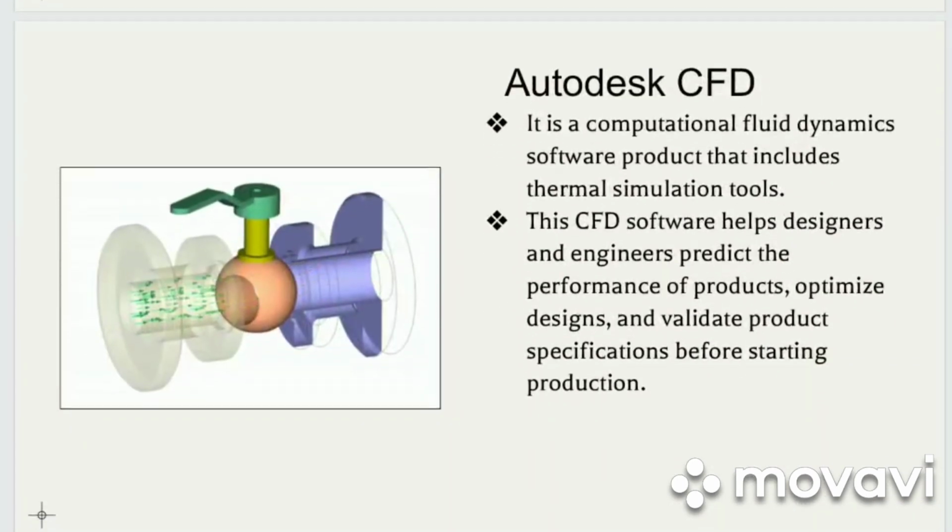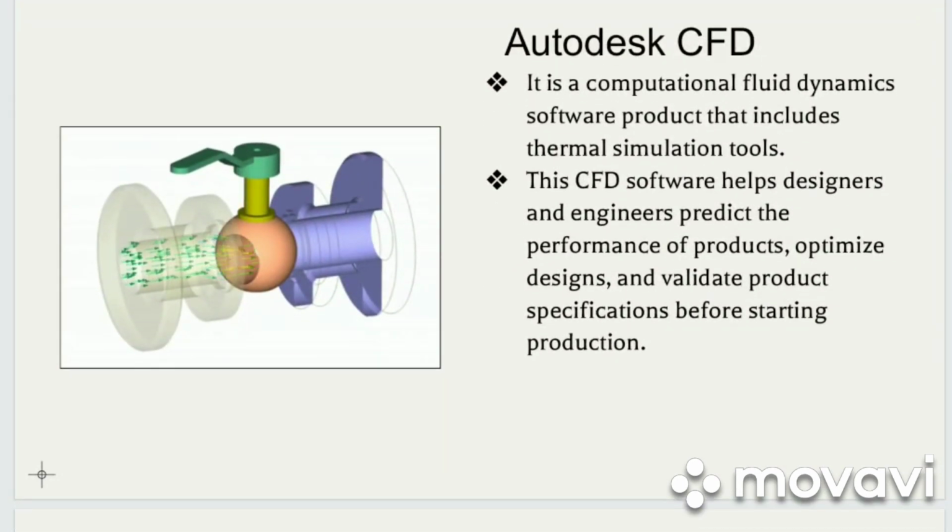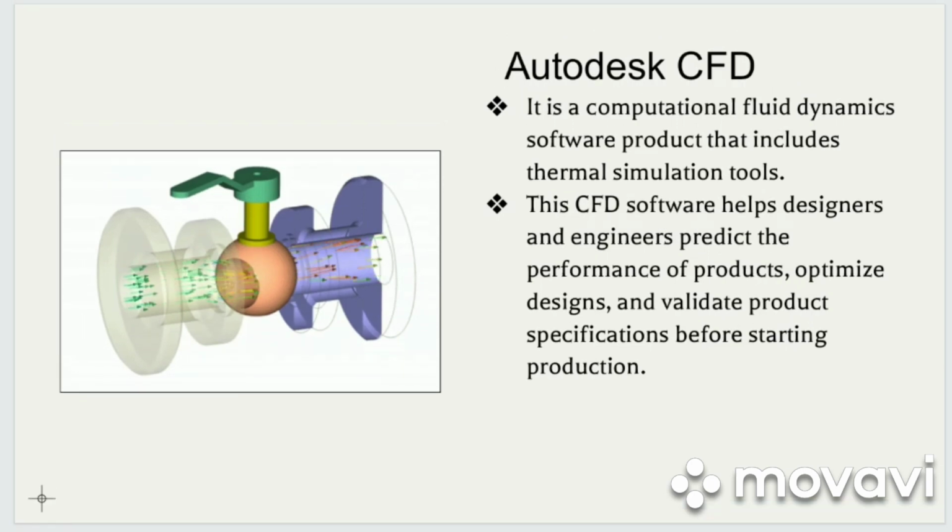Next we have Autodesk CFD. Again this software is basically about fluid dynamics, and here you can see an application where my flow is going through this wall and I have to see how it goes, how the particles change direction, whether there is turbulence, and if there is turbulence, how it is affecting my pipe region.